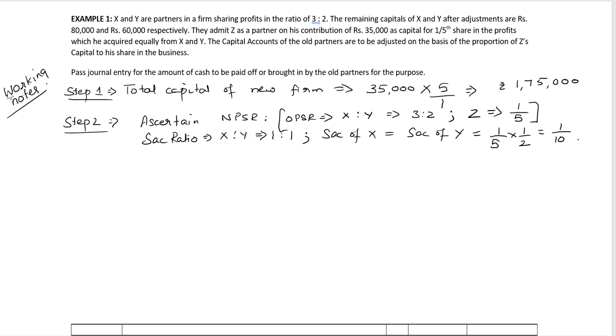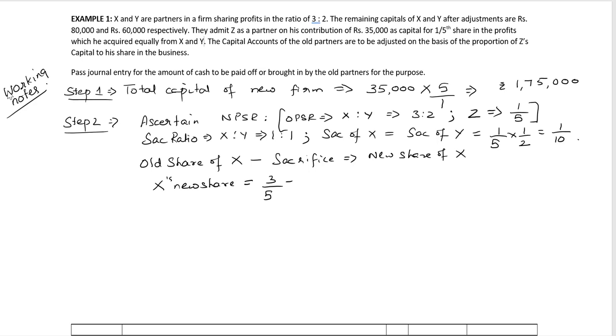Let's apply the formula. Old share of X minus sacrifice is equal to new share of X. So X's new share is equal to old share, which is 3/5 minus 1 divided by 10.